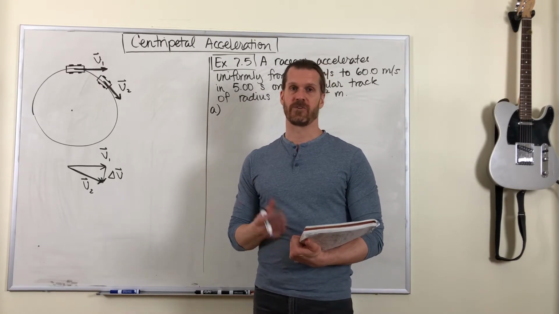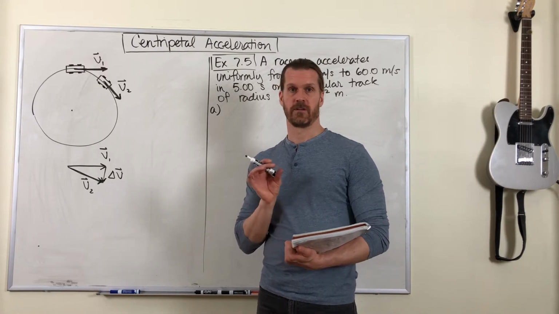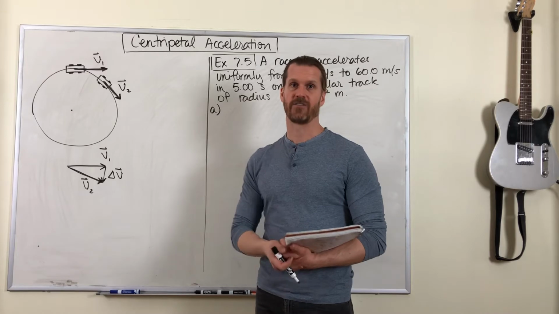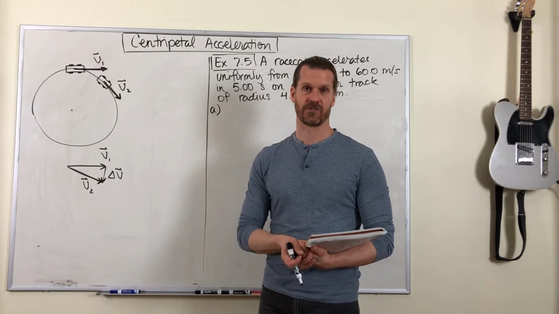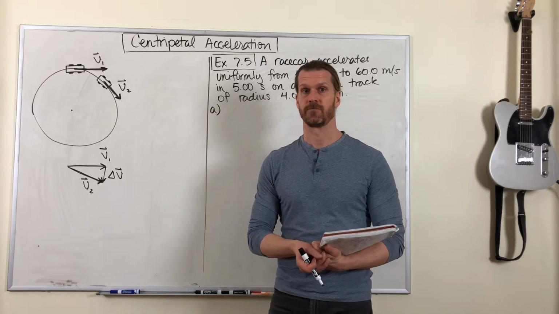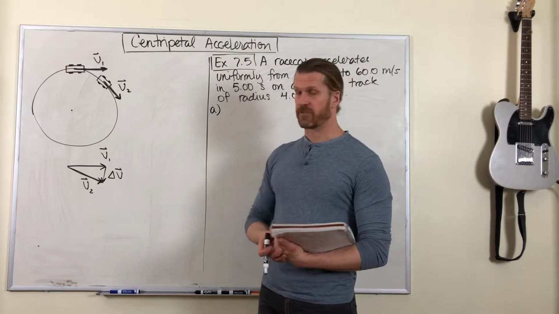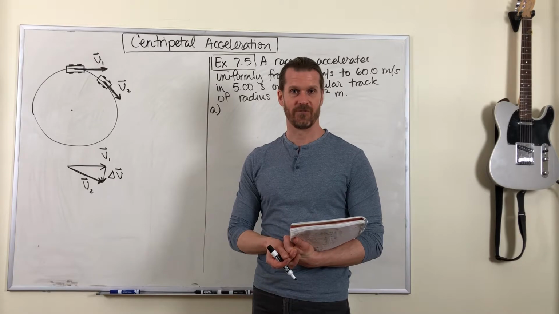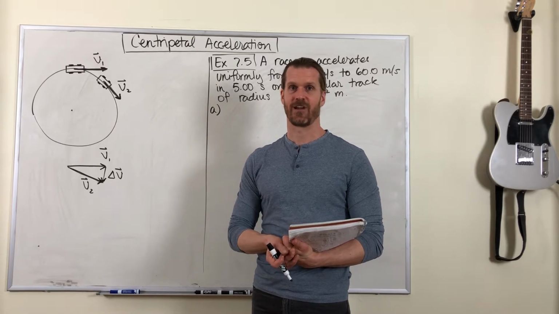So if you want to account for the acceleration due to a change in direction, that's known as centripetal acceleration for circular motion. A centripetal acceleration points toward the center of the circular path that you're traveling on.